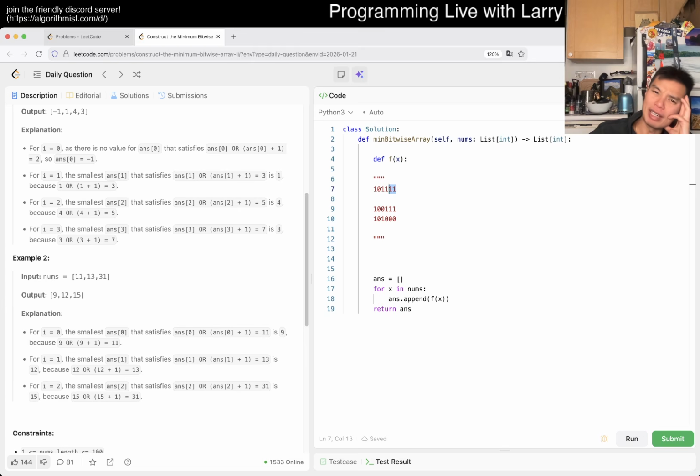I'm also trying to think whether I can think about this recursively. This is so annoying. How do I express this?